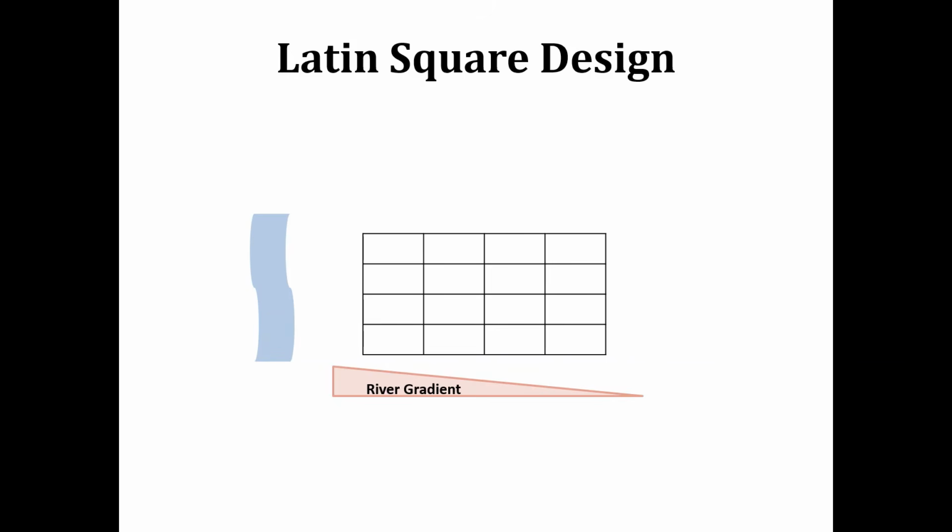So what we can do is, as we learned in RCBD, we can make the blocks. We can make the blocks according to this river gradient, and here we can make these columns.